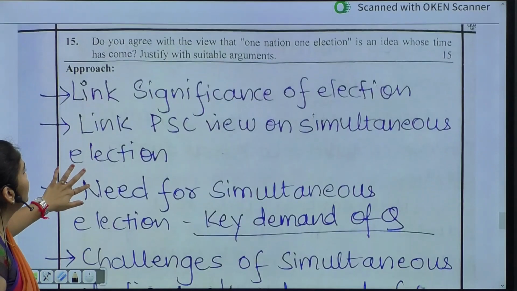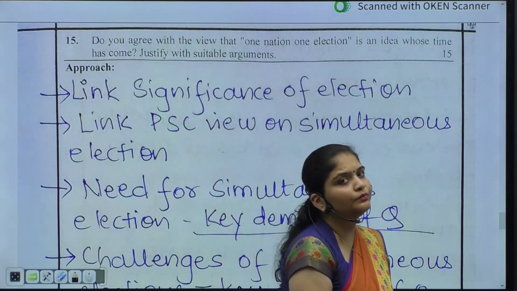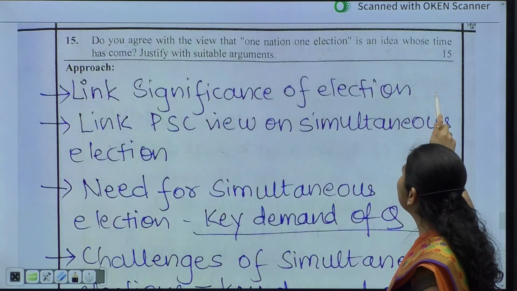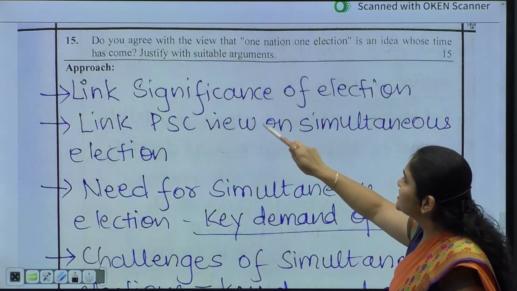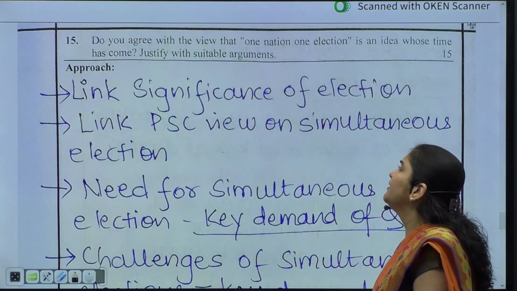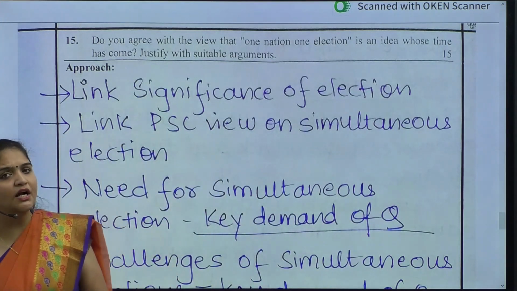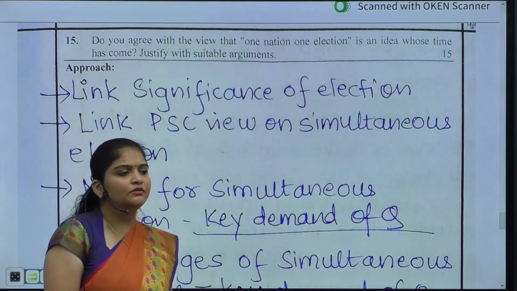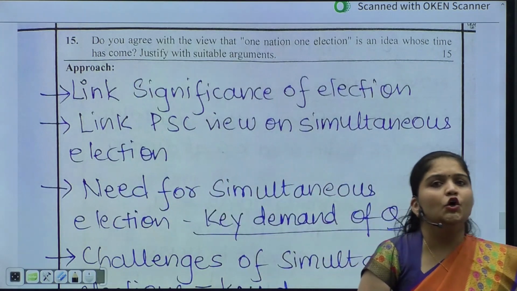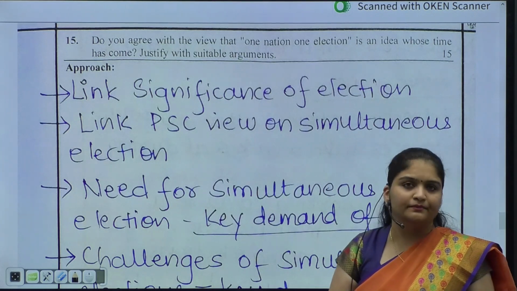Now let's come to the next question. Do you agree with the view that one nation, one election is an idea whose time has come? Justify with suitable arguments. So this question, are we going to start with simultaneous elections or the benefits of simultaneous elections, or the Prime Minister speaking of simultaneous elections?